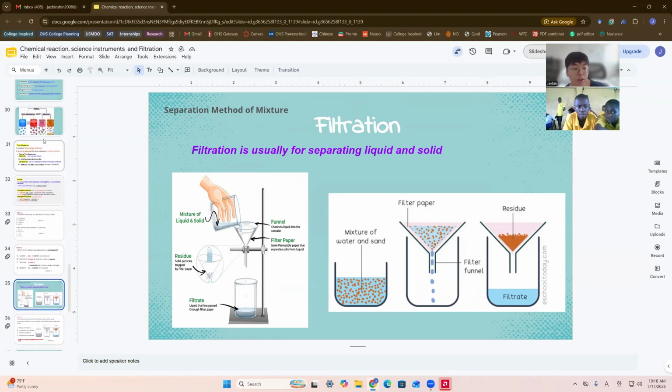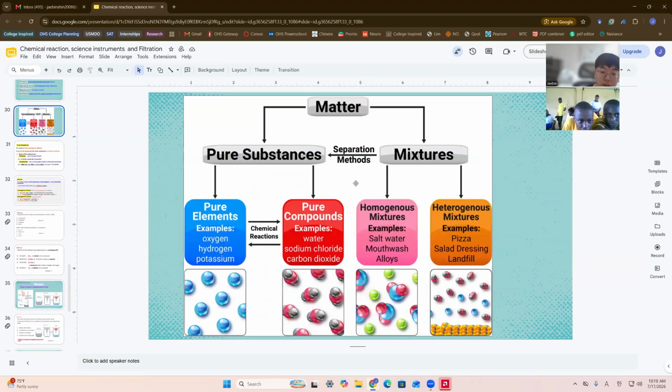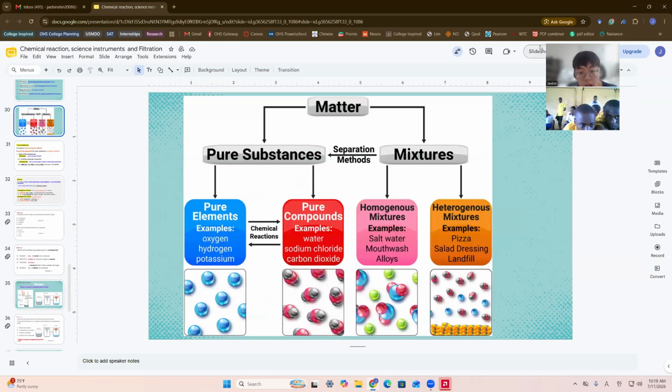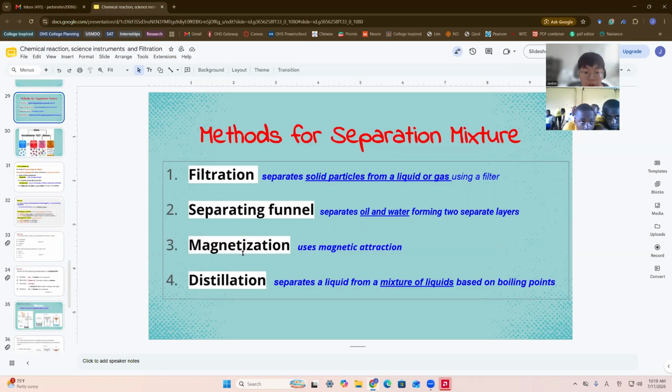So today we talked up until pure substance and mixtures. Next time we will learn how to separate the mixture. We will learn how to separate the mixture into pure substances. Yeah, those are these four separation methods. We will learn these next time.